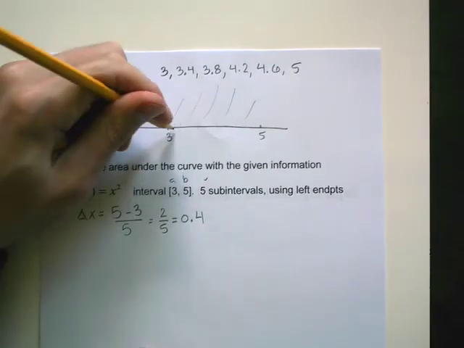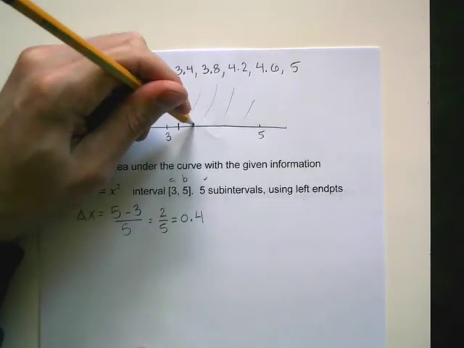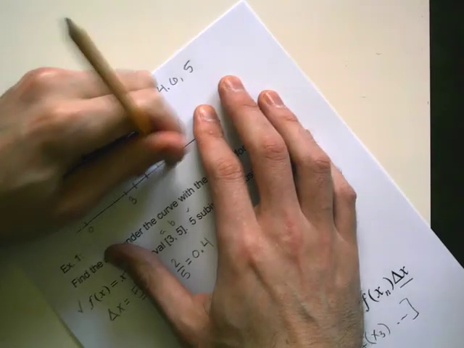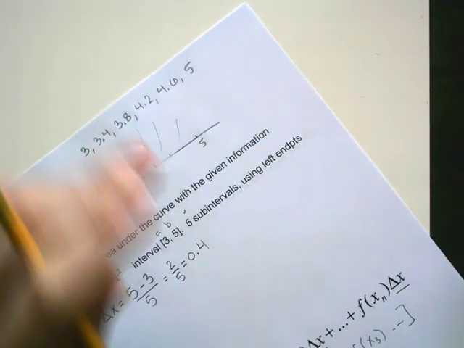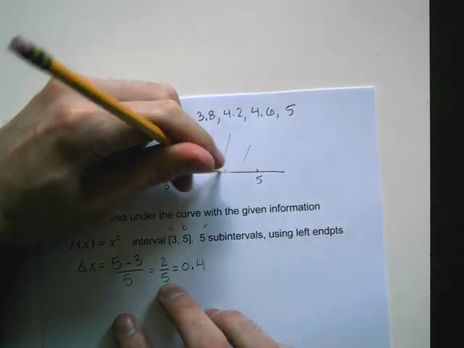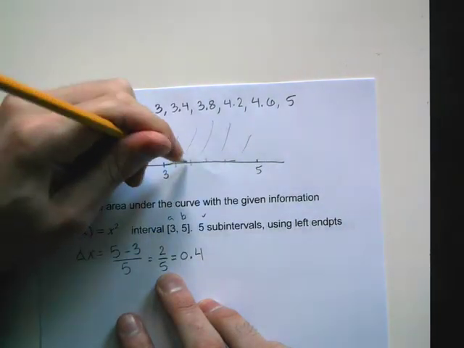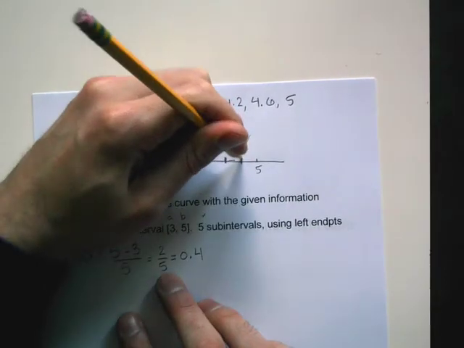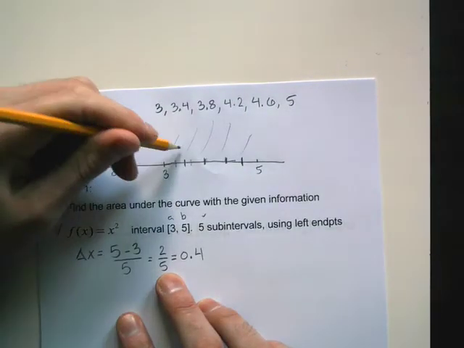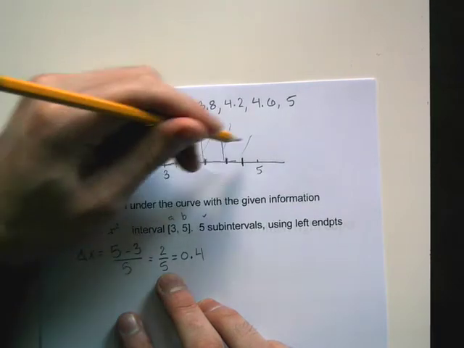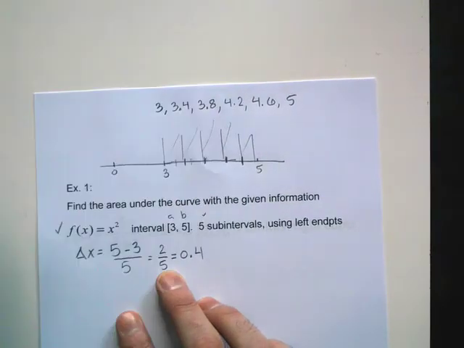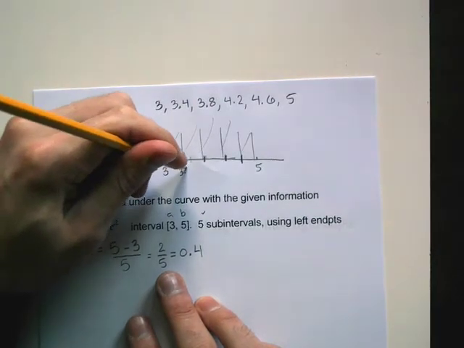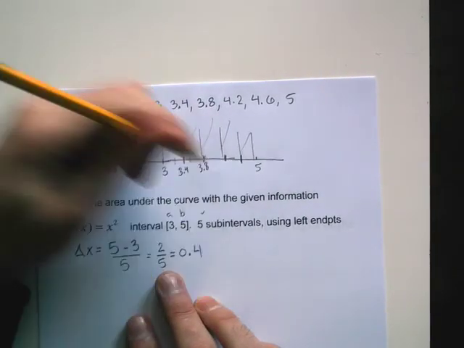Let me space these out so it makes a little more sense. So you're going to have the 3, the 3.4, 3.8, 4.2, 4.6, and all those are going to be rectangles that go up to meet your curve, so that way you can find the area under this curve.